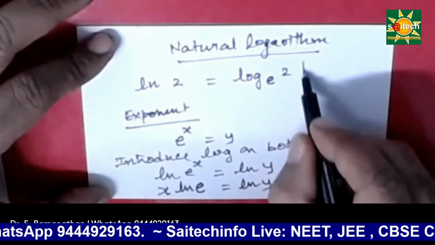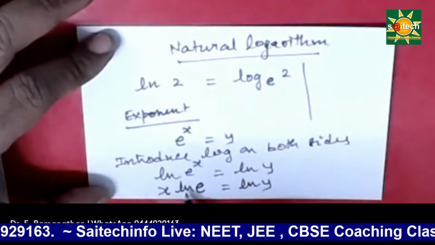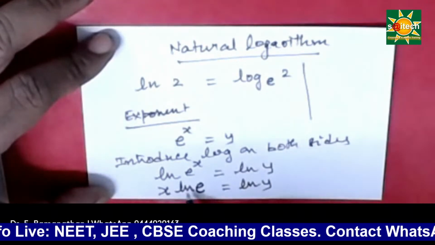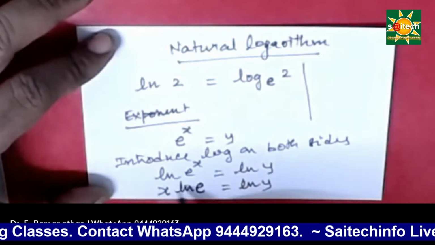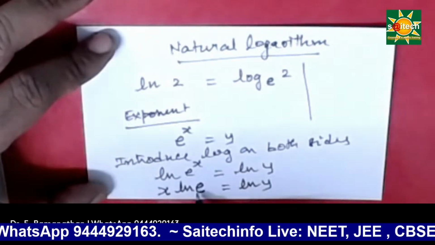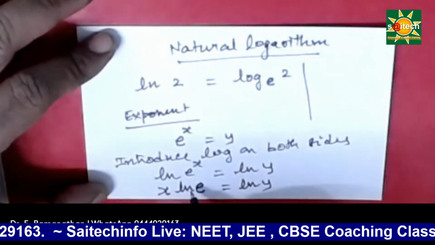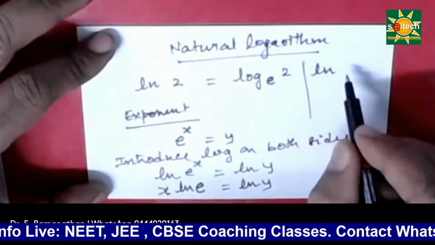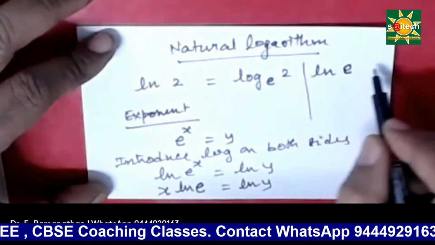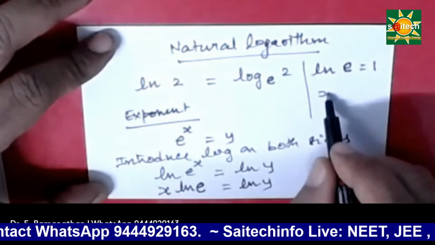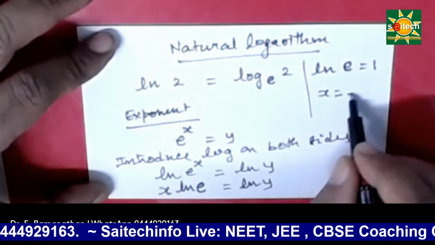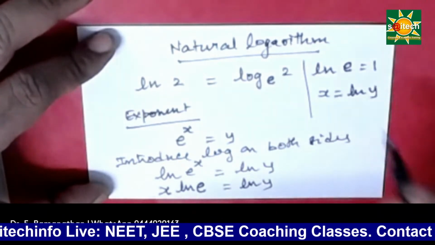Now this natural logarithm and the exponent are inverse to each other. So that is why it becomes 1. So natural log of e is always 1. In that case, x is equal to natural log y.